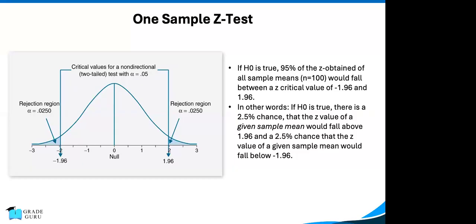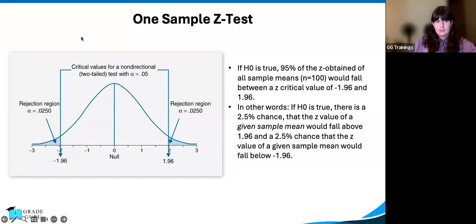What was I trying to tell you with this slide? If H0 is true, 95% of the Z values obtained from all samples would fall between the critical values. So if our sample mean falls between your critical values, in this white area here, that means H0 is still likely to be true.